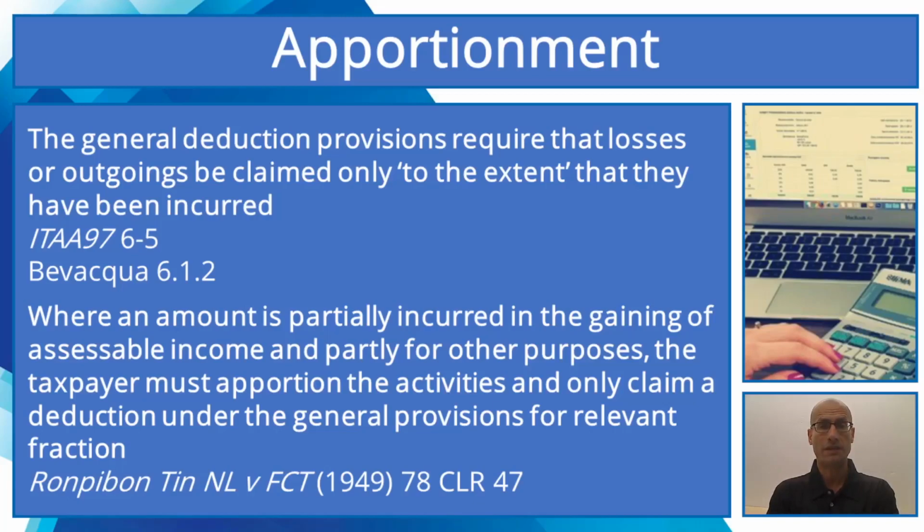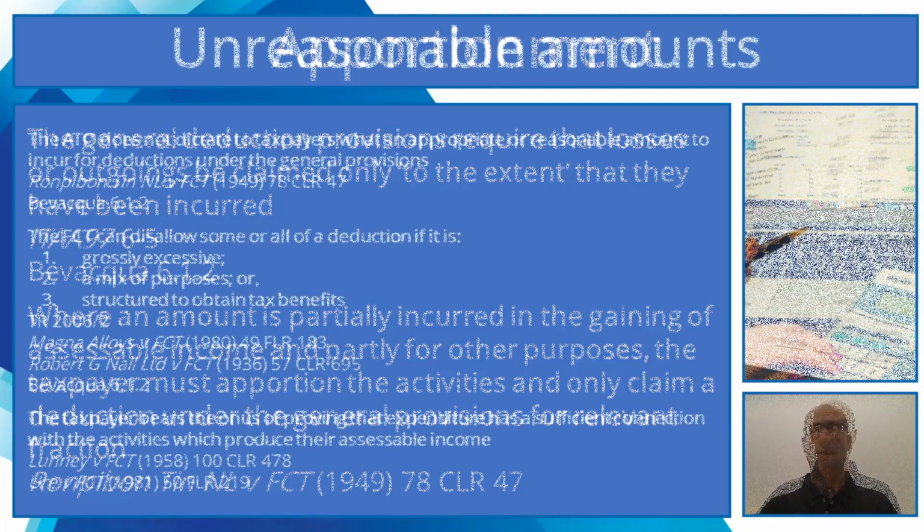The idea is that under the general deduction provisions, the taxpayer must demonstrate the fraction which is used towards either deriving assessable income directly under the first limb or that's necessarily incurred in carrying on a business under the second limb. And so this idea of apportioning those expenses into that which can be claimed as a deduction and those which are essentially private in nature can be determined and recorded.